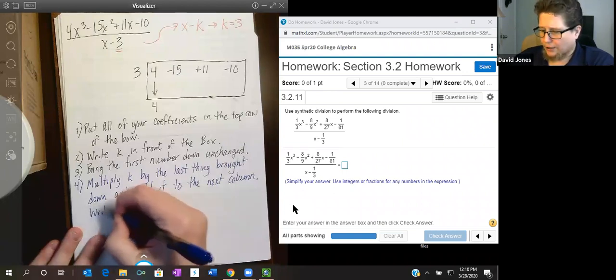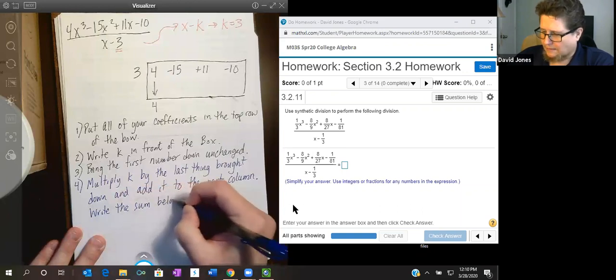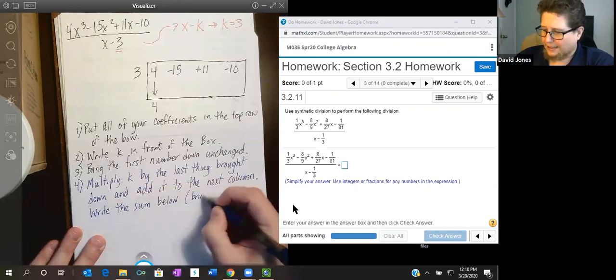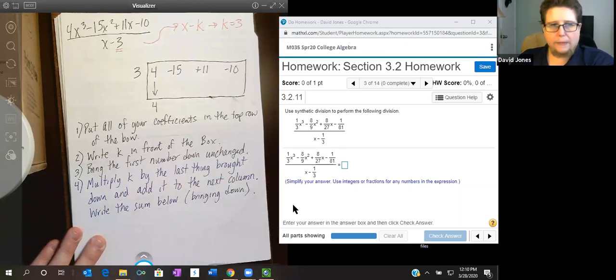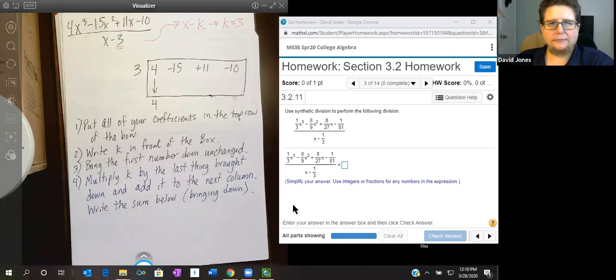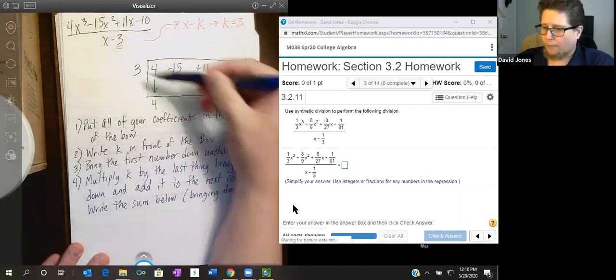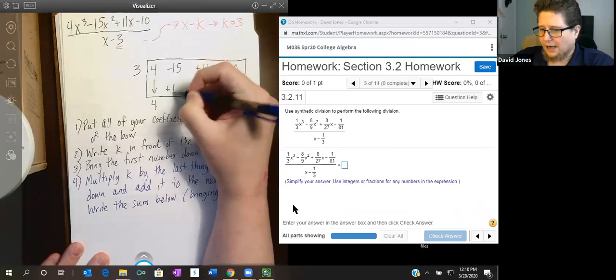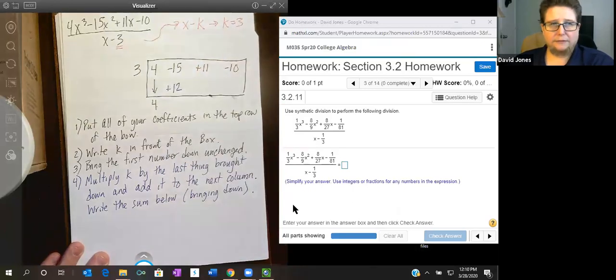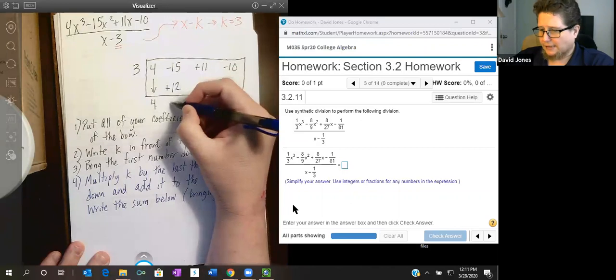Write the sum below. This is like bringing down the next number. Okay, so k is 3. I'm going to multiply by the number I just brought down. 3 times 4 is 12. I'm going to add 12. Negative 15 plus 12 is negative 3.